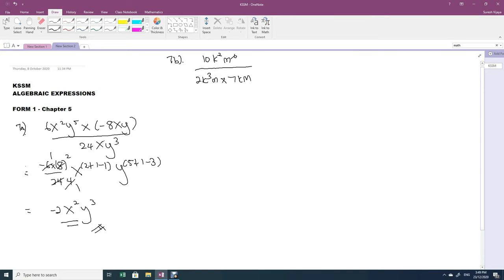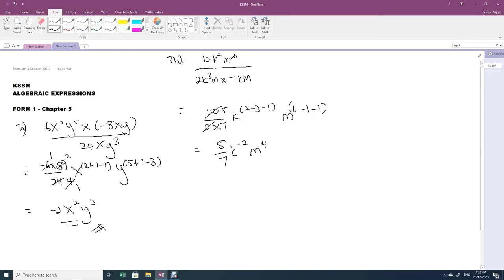How do we solve this? Arrange the numbers first at one side. So we have 10 divided by 2 times 7 at the bottom side. For k it will be 2 minus 3 and minus 1, because both are divided by k to the power of 3 and k to the power of 1. Then we have m: 6 minus 1 minus 1. We cross out 10, it will be 5 divided by 2. So we have 5 over 7, k to the power of negative 2 and m to the power of 4.